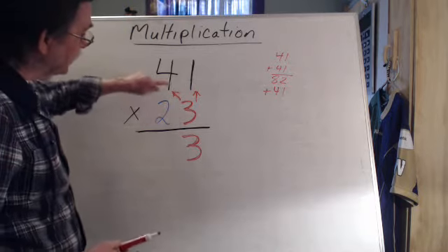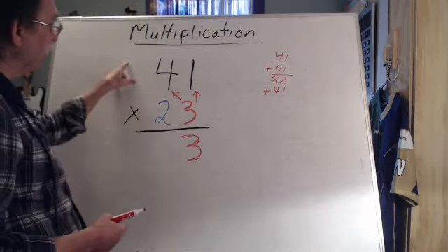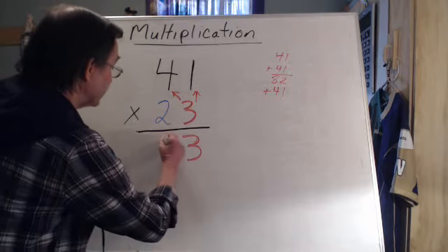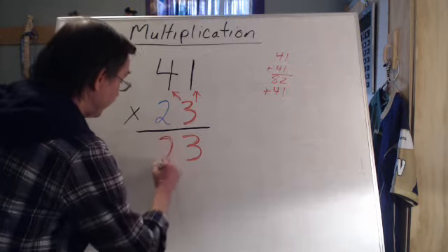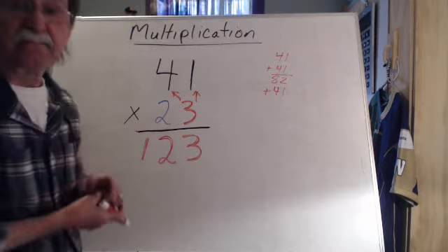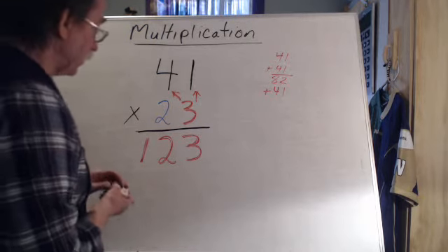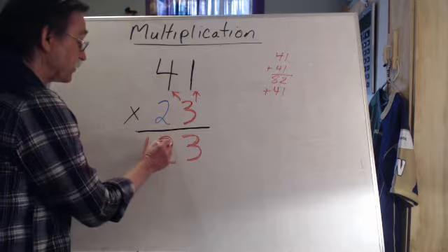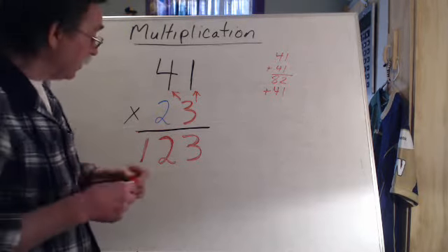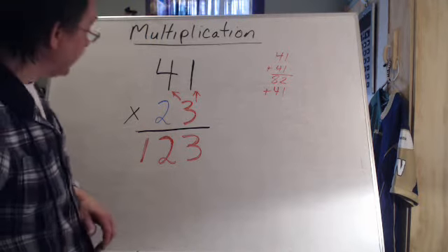And 3 times 4 is 12. And there are no more numbers to worry about, so we just plop down our 12, and it looks like this. That's our first step. We've dealt with the 3. The 3 is now done. We don't have to worry about it any longer.